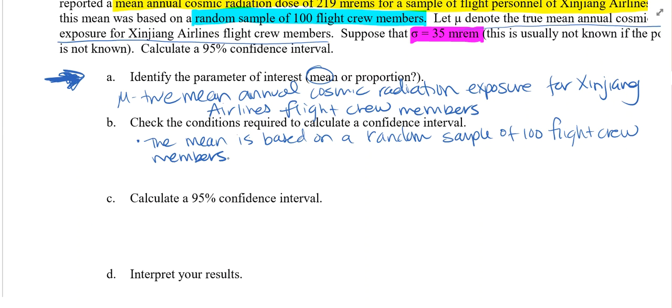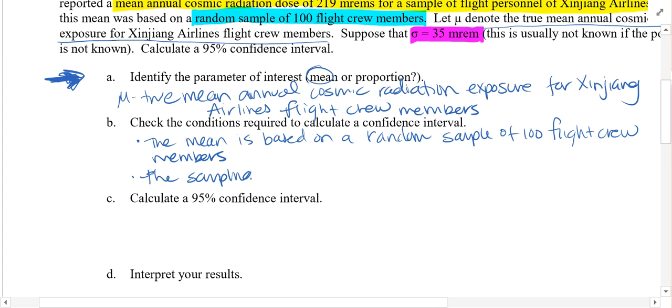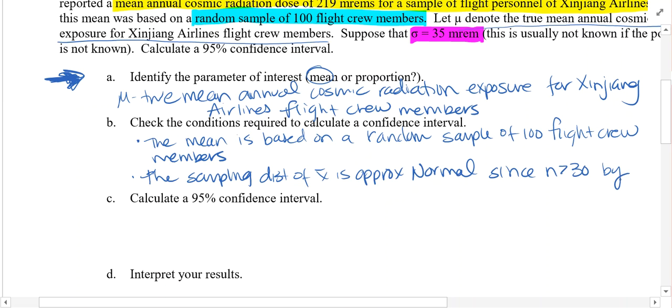Either we know that the population is normal, or, since in this case we don't know that, we have the central limit theorem. So here we can say the sampling distribution of X bar is approximately normal, since n is greater than 30, by the central limit theorem.